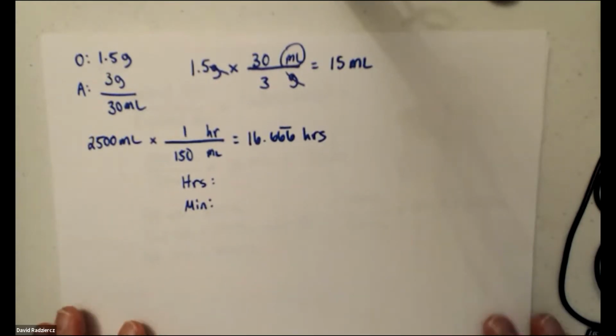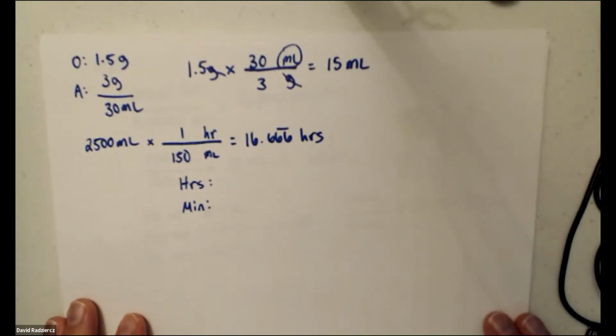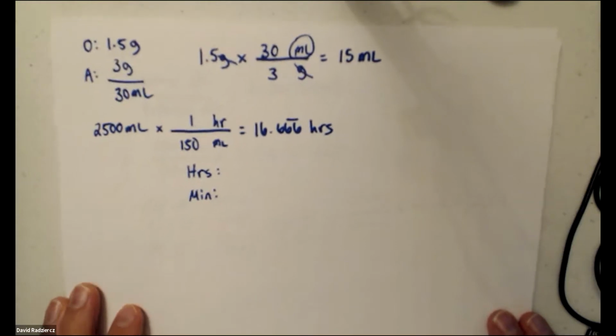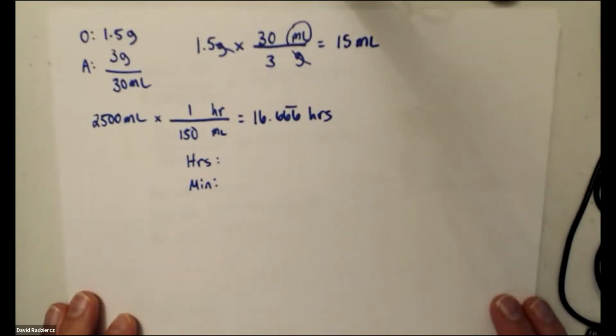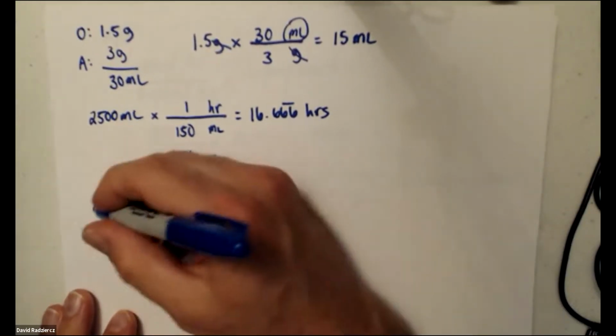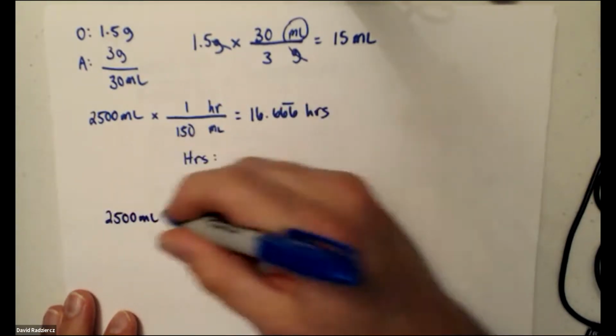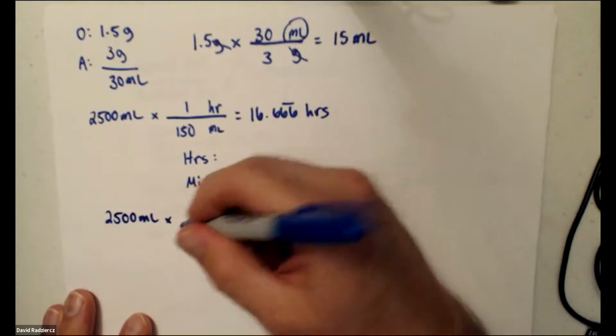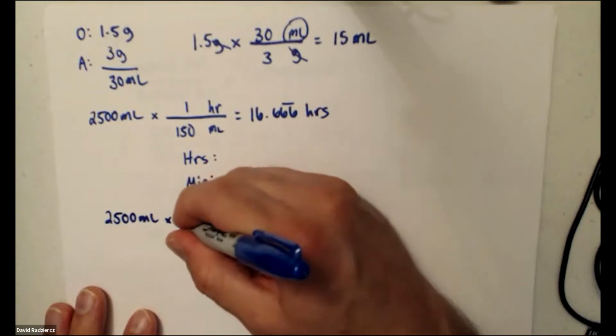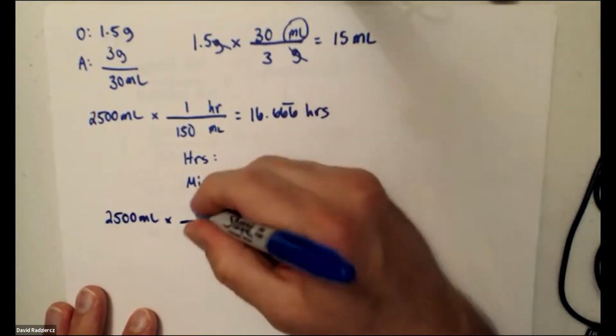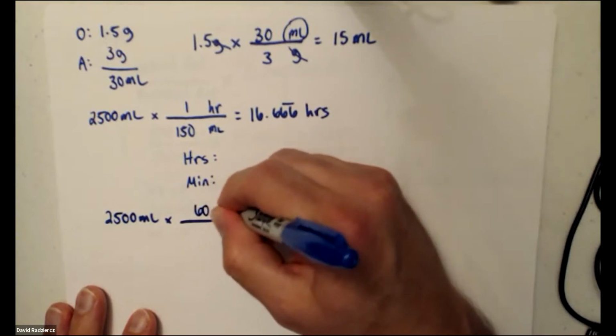Okay, so I had to think about this for a second, how I wanted to explain this. I'm going to do this in a roundabout way just to see if we can get everything to work out. I'm going to go back to my original problem and calculate this down to the minute, and I'll show you why in just a second. So instead of 1 hour, I'm going to say 60 minutes.